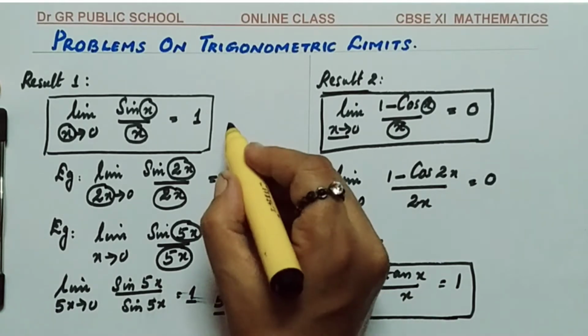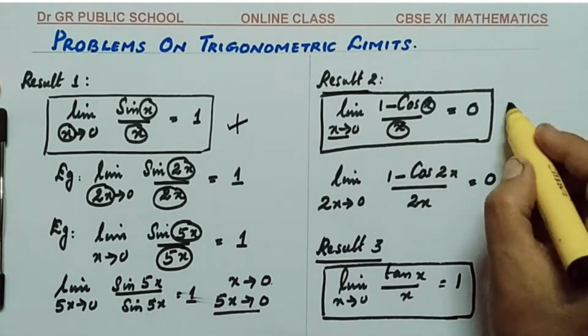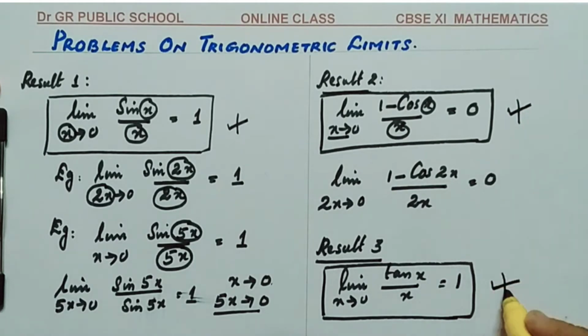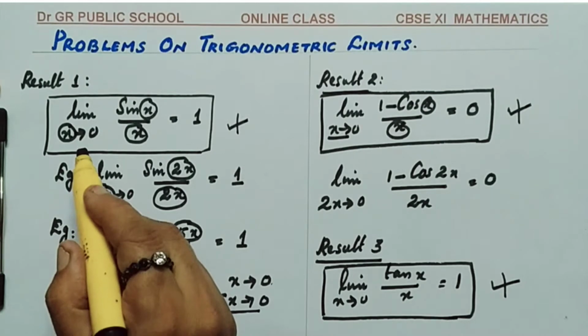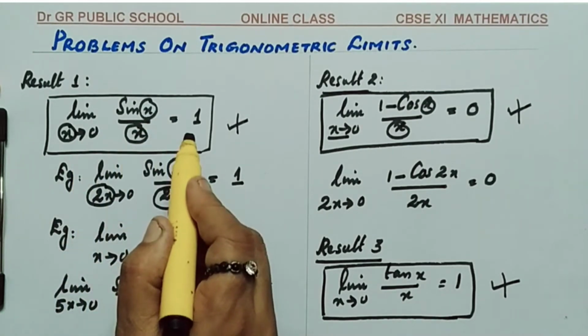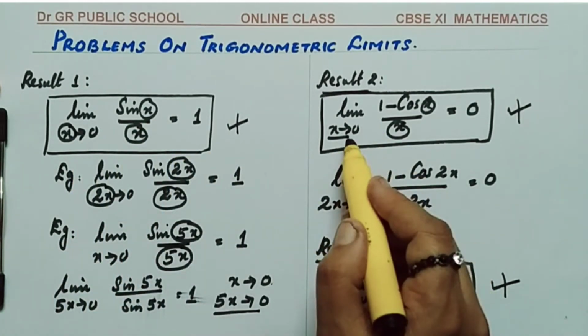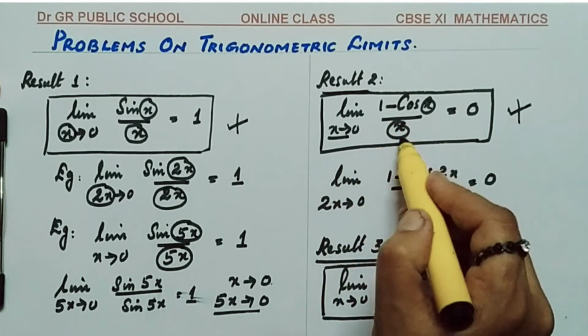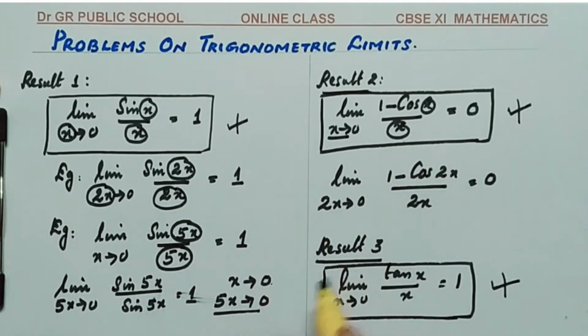So these are the three important results for finding limits of trigonometric functions. First one, limit x tends to 0, sin x by x equal to 1. Second result, limit x tends to 0, 1 minus cos x divided by x equal to 0. And the result 3 is limit x tends to 0, tan x by x equal to 1.